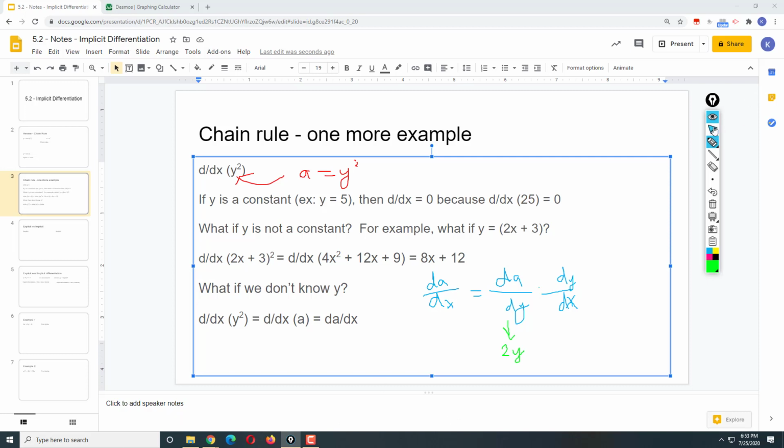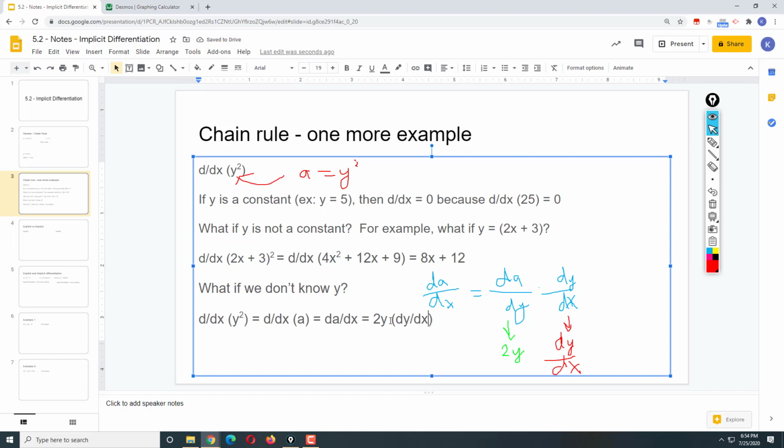What is dy over dx? Well, we don't know, but we're just going to write it in this form, dy over dx. So we have shown that dA over dx is just equal to 2y times dy over dx.